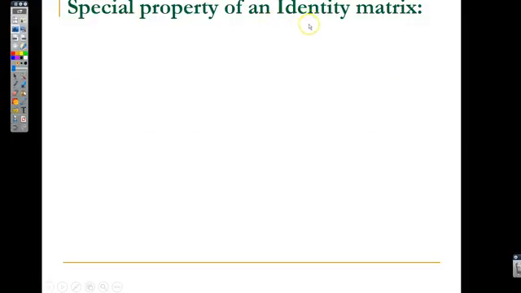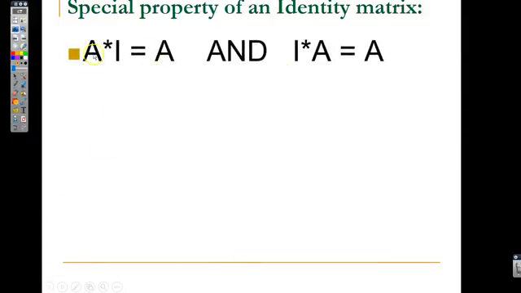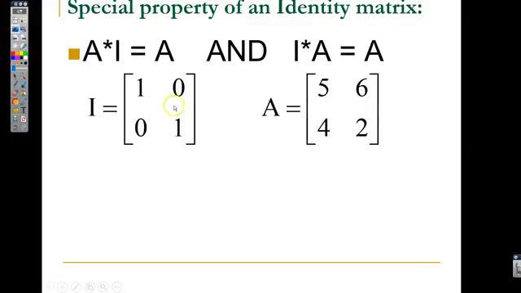A special property of an identity matrix is if you take A and multiply it by the identity, you will get the same matrix A. Also, if you multiply the identity times the matrix, you will get the matrix again. This is the commutative property, but when you multiply two matrices together that are not identities, they are not commutative, and we learned that earlier.